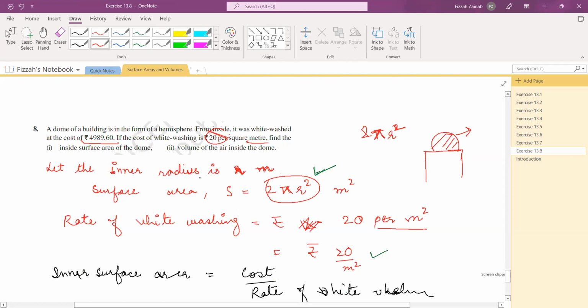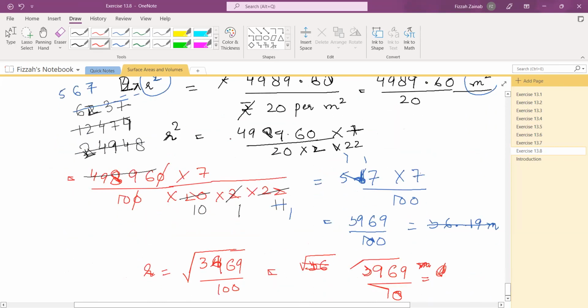Now you will already have calculated the radius and then you have to find the volume. If you know the radius, you can find the volume, which is 2 by 3 pi r square. Is this okay? Can you do it? Yes, ma'am. Shall I leave this question here?